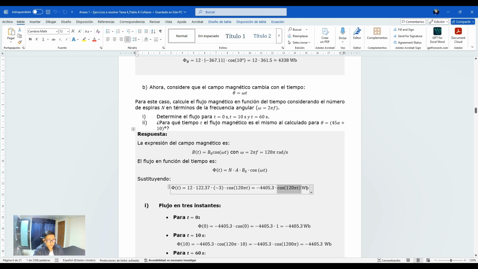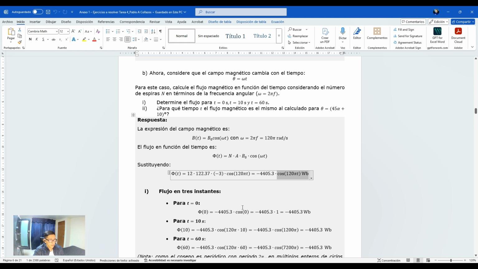Let's evaluate the flux at three moments in time. At t equals 0 seconds, phi of 0 equals negative 4,405.3 times cosine of 0, which equals negative 4,405.3 Webers.